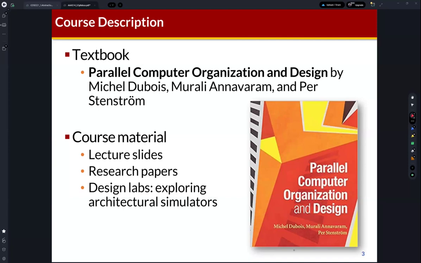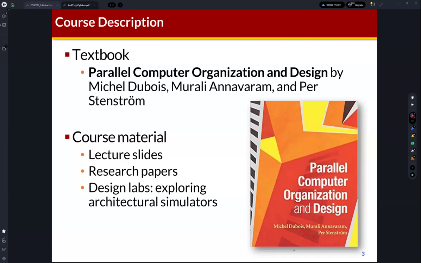And this course also includes design labs. My plan, and my hope, is that this course will be helpful for your research.